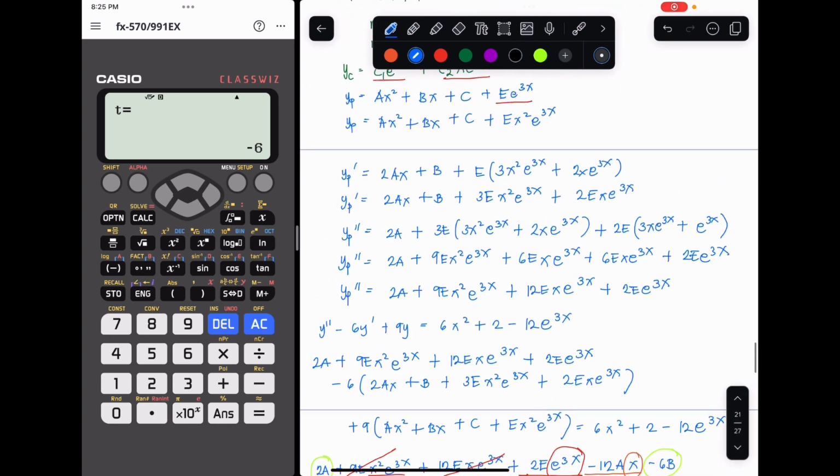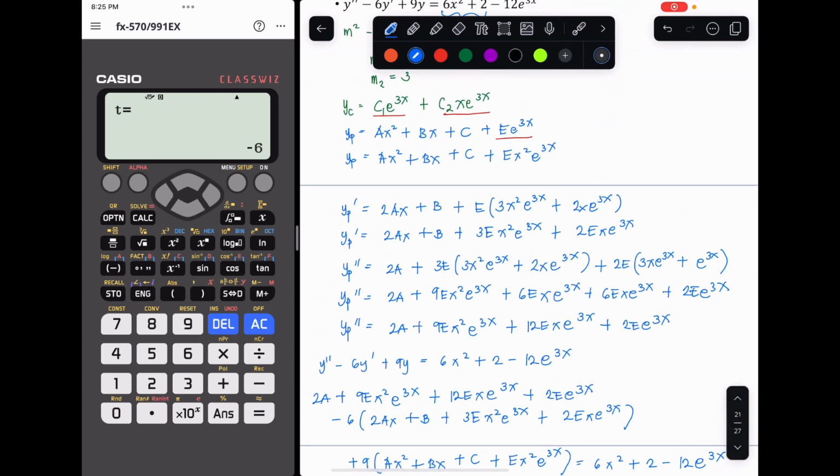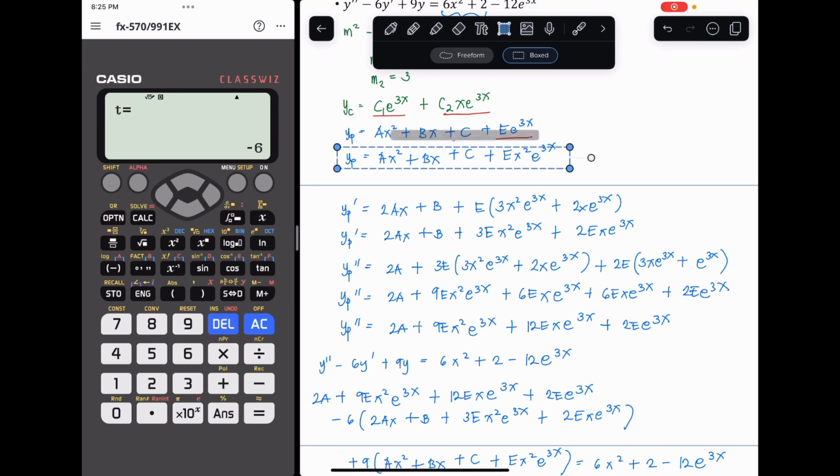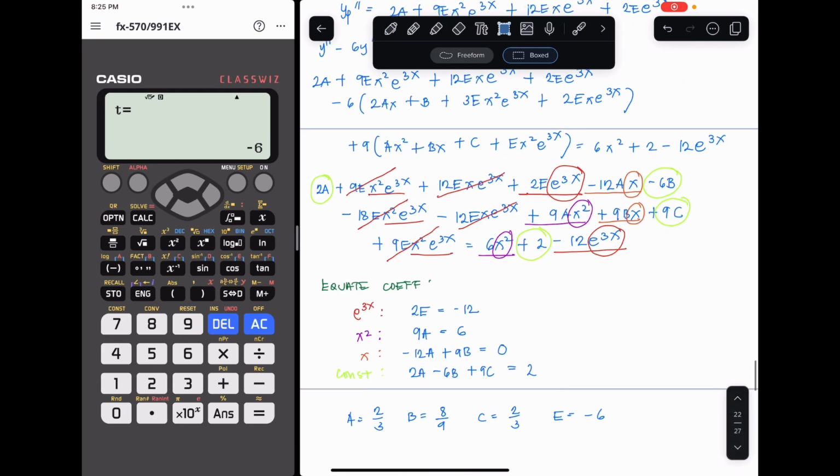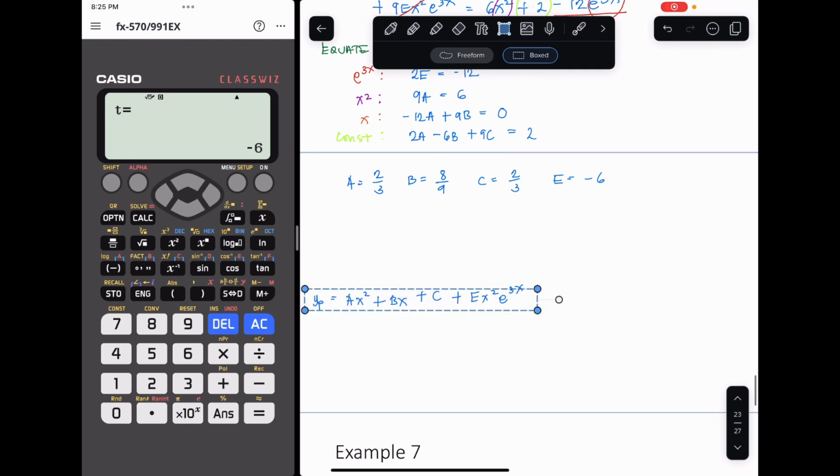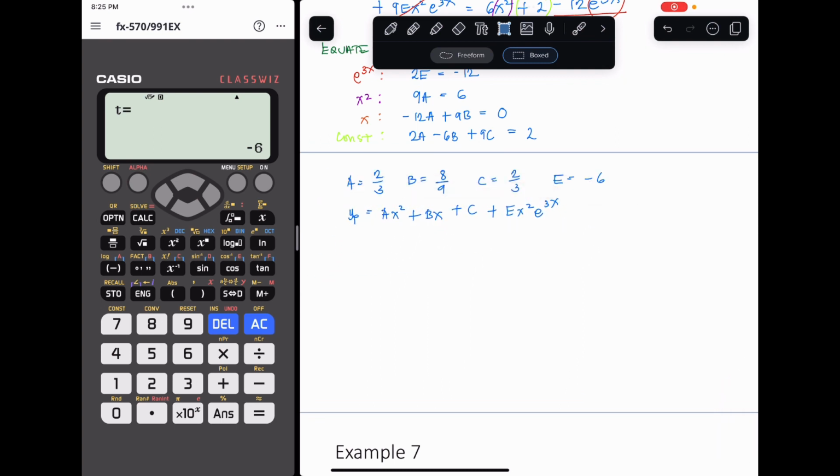And going back to our yp, again, the yp is the one that was multiplied by x squared, not the original one. So since this is case number 2, our yp will be, a is 2/3 x squared, b is 8 over 9x, c is plus 2/3, then e is negative 6 x squared e raised to 3x.